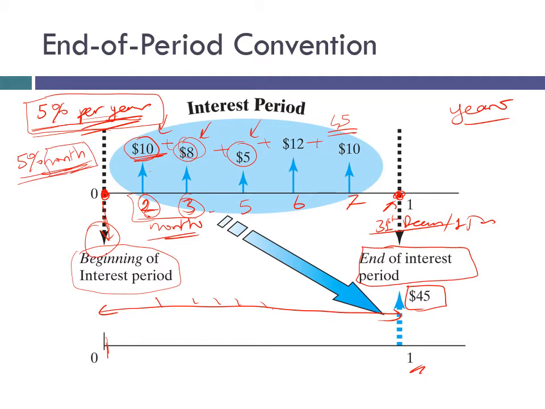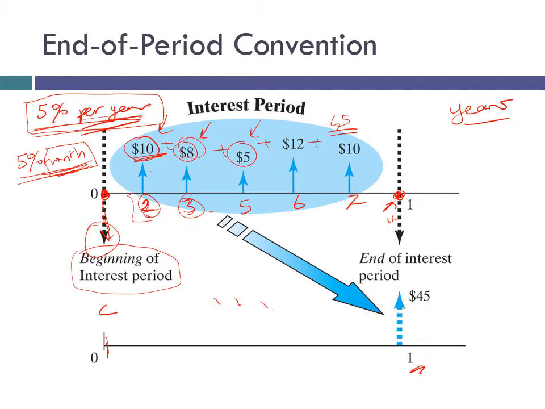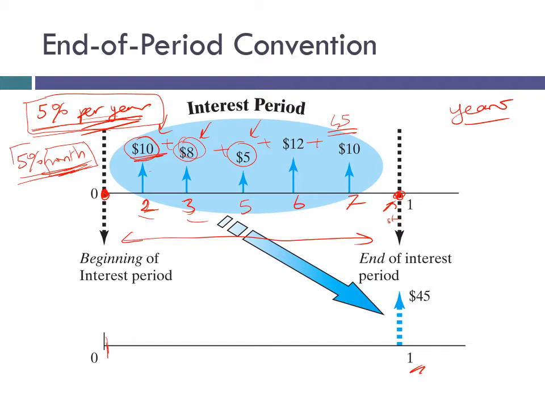But if this interest rate is given in terms of months and the cash flow diagram again is in terms of months, but now the transactions occur within the days of this month, for example, the second day, the third day, the fourth day. Okay, now this represents 1 month because the interest occurs each month, and we have some transactions within the month. Again, then we need to combine them or convert them to the end of the period.